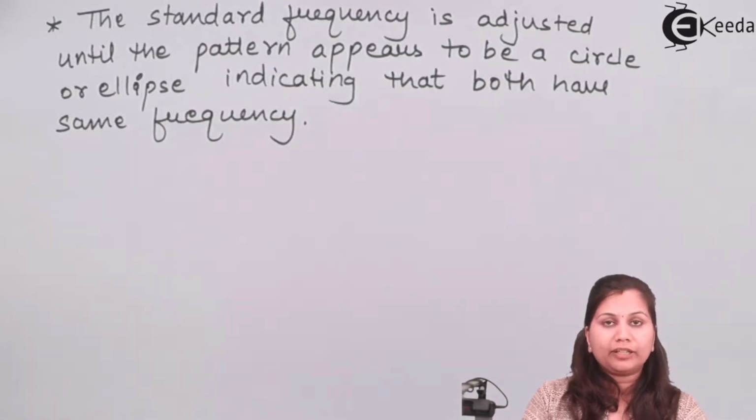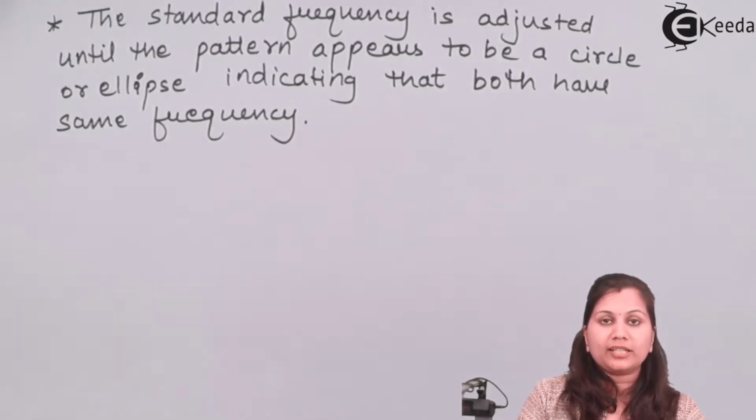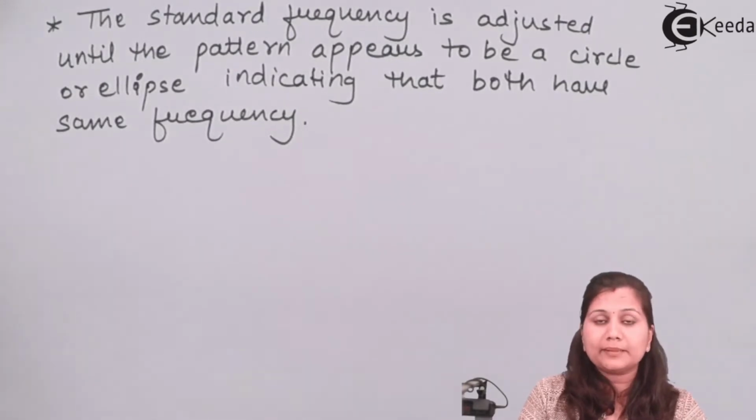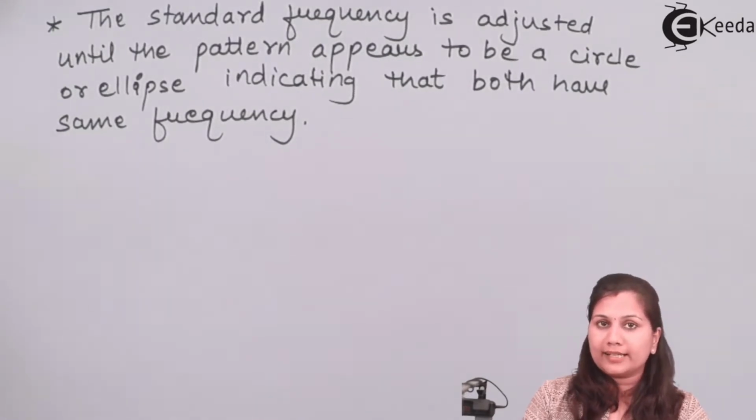So the standard frequency is adjusted until we get the Lissajous pattern as a circle or an ellipse, indicating that the frequency of both the unknown signal and the standard signal are the same.